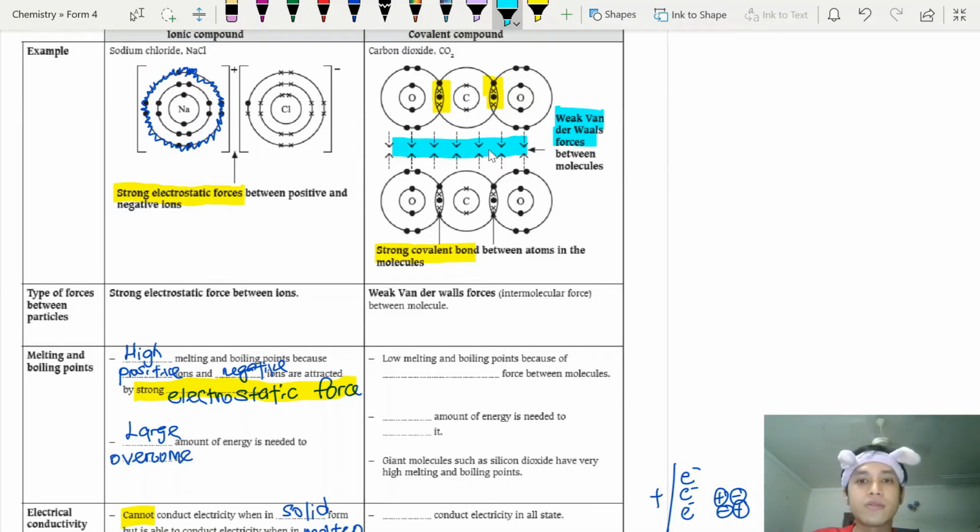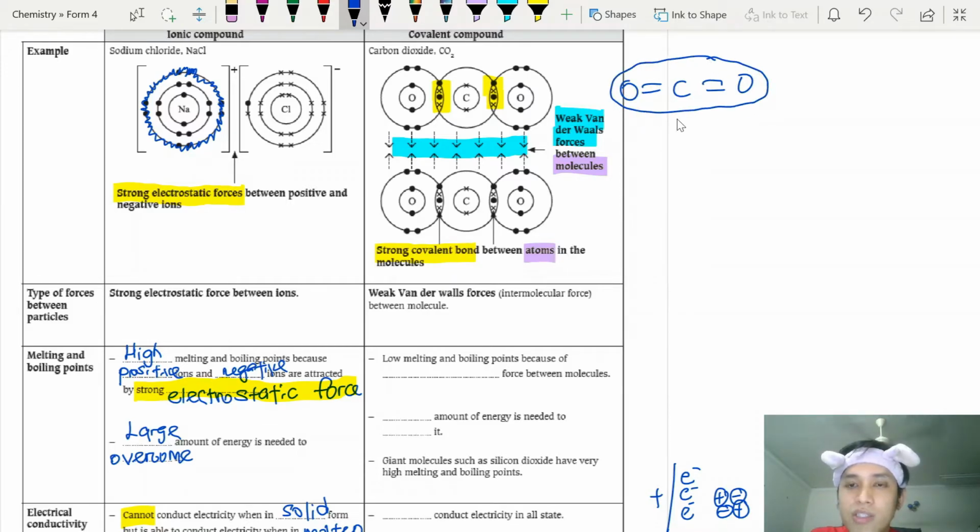Basically van der Waals forces is between molecules. Bond is between atoms. If I draw it in simplified form, CO2, this is one molecule of carbon dioxide, and this is another molecule of carbon dioxide.